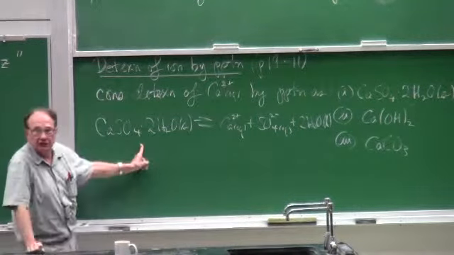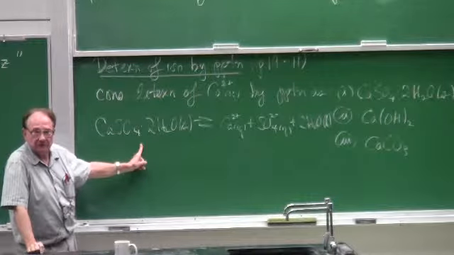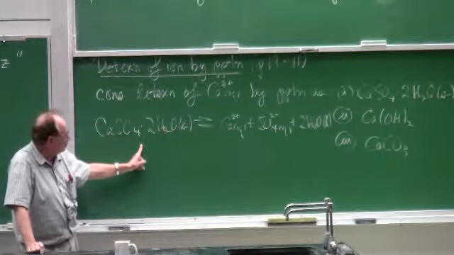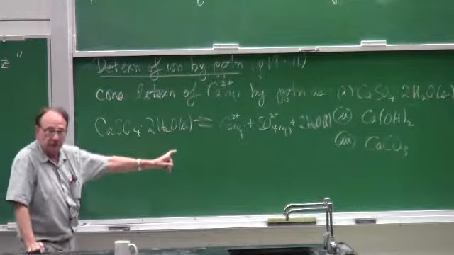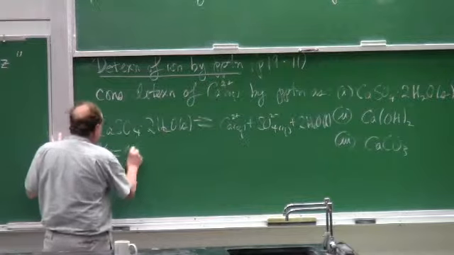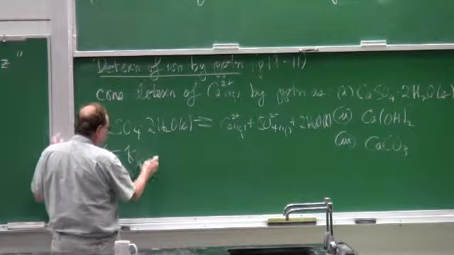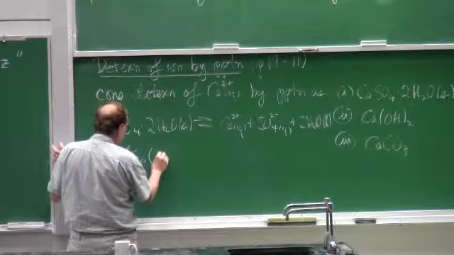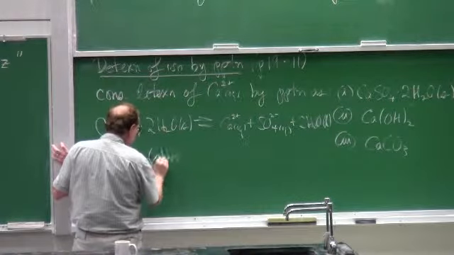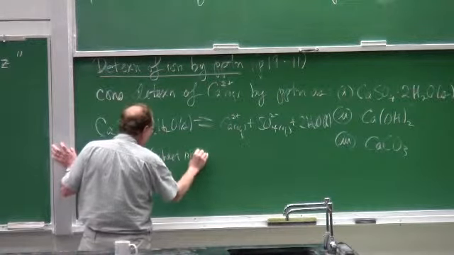There's the dissociation equilibrium for calcium sulfate and water. It shows calcium sulfate coming apart into its component ions. So by definition, the equilibrium constant for this reaction is KSP for this stuff. I'll write in here sheetrock.